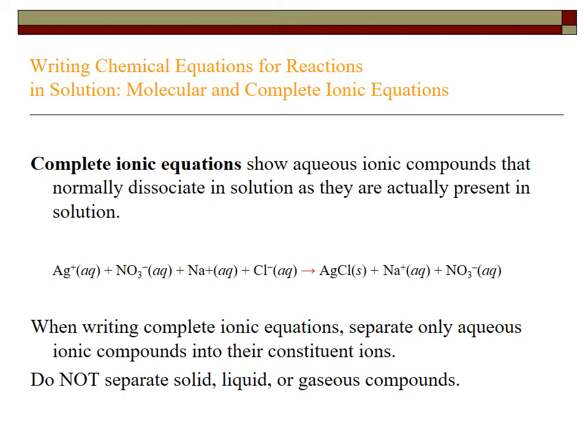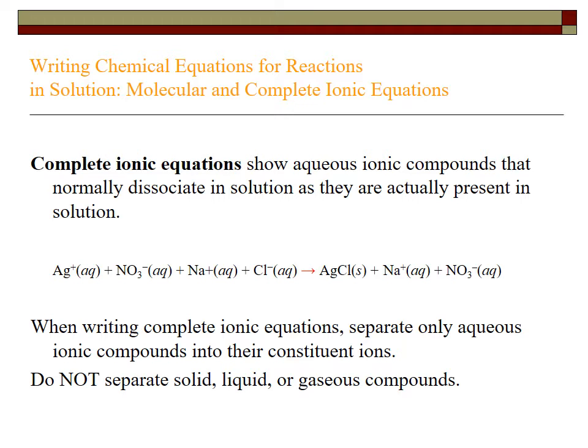It's going to be on the right-hand side of the equation. Notice how it has an S next to it. Notice how those are not broken up into ionic forms. When they're not broken up into ionic forms, it's either a solid, a liquid, or a gas. We can only separate the aqueous ionic solutions into their constituent ions.